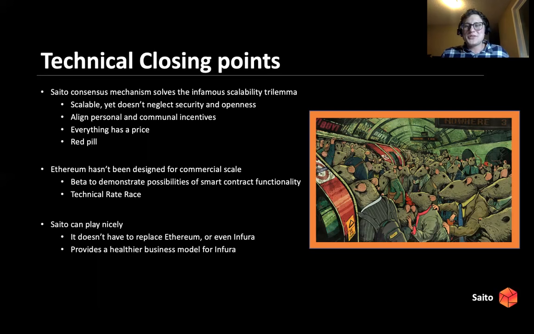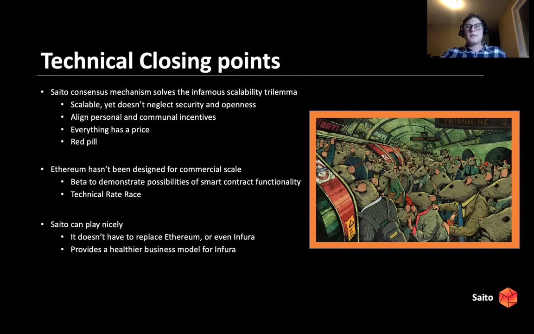And once you see how Saito addresses these issues, and once you understand the issues that are at play with these other blockchains, then it's very difficult to unsee it. That's why I think the Saito blockchain is like a red pill in the Matrix, where once you know the truth, you can't forget the truth, and it'll just stay with you forever.